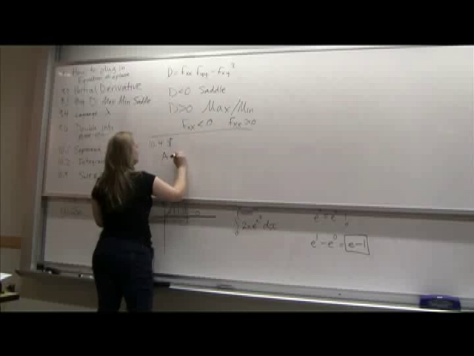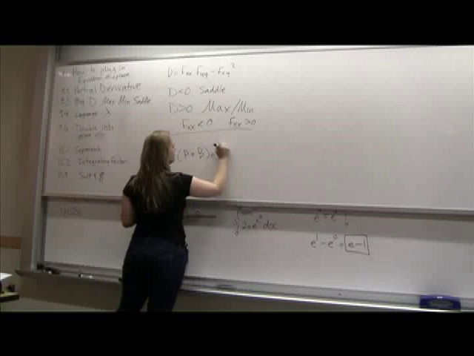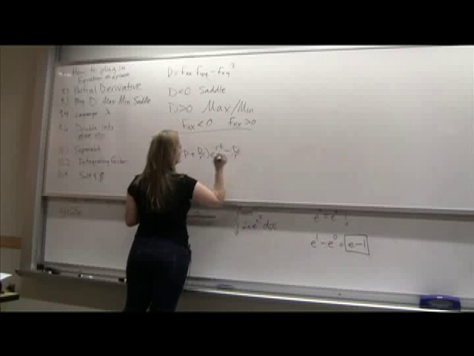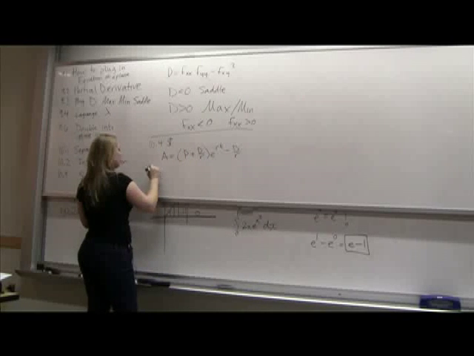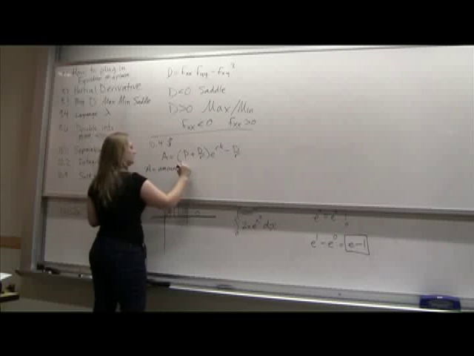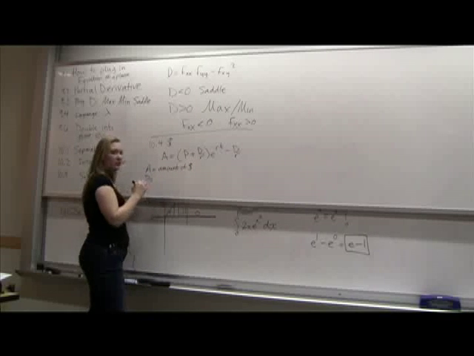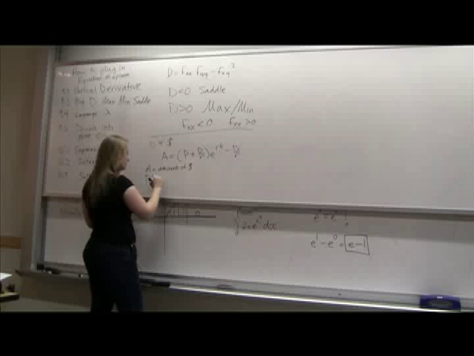A equals P plus D over R, e to the RT, minus D over R. A equals the amount of money. P equals your principal or your initial deposit.